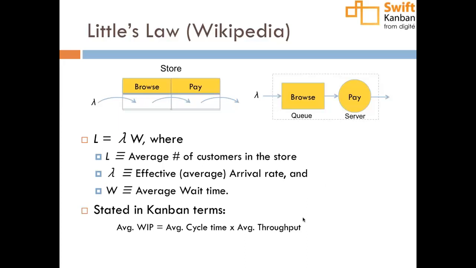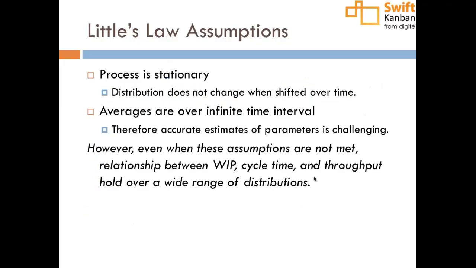Can you go to the next slide? The key to that formula proof is that the average WIP, average throughput, etc., are computed over an infinite period of time. Okay? So it's the complete picture.